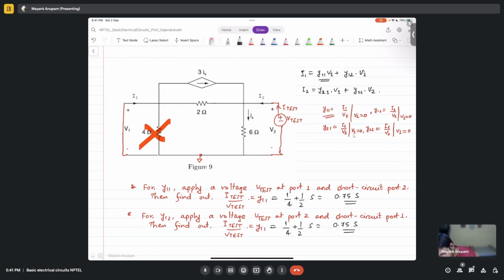Sir, V test by 6. Yes, Ix is V test upon 6, right? And 3Ix is flowing in this direction, right? So what is I test here?